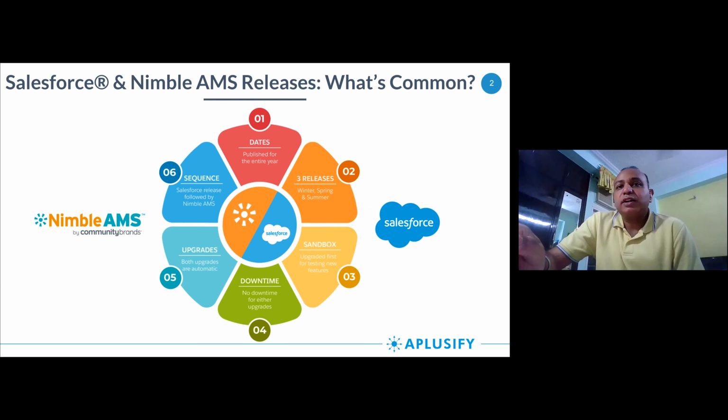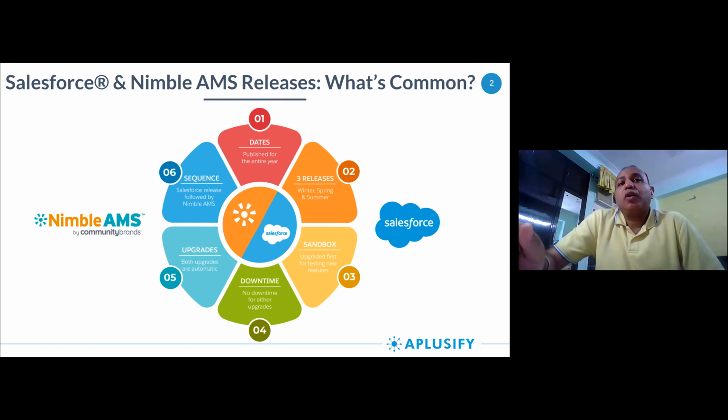These are facts which I think most of our users are not aware of. They're not aware whether they have to upgrade the Nimble AMS system themselves or it will be updated automatically, whether there is downtime, or where they can find the release dates.